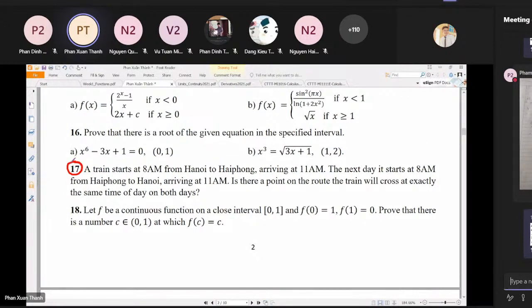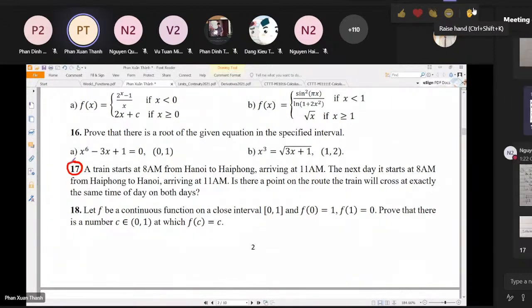A train starts at 8 a.m. from Hanoi to Haiphong, arriving at 11 a.m. The next day it starts at 8 a.m. and arrives at 11 a.m. Is there a point on the route the train will cross at exactly the same time of day on both days? Who has an idea for exercise number 17?